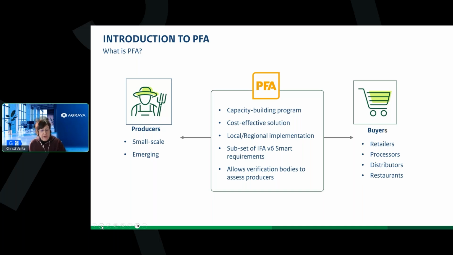So verification bodies at the moment are being utilized quite a bit for the PFA program. One thing that I also just want to mention and make clear is that this is a good way to actually start the process, but it's always good to consult also with the markets in that region, whether they will accept it or not.